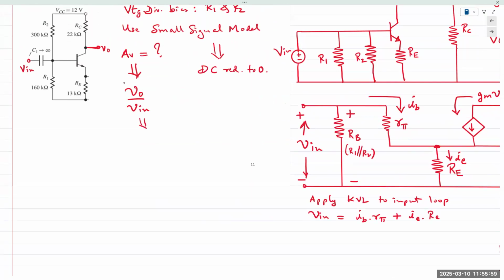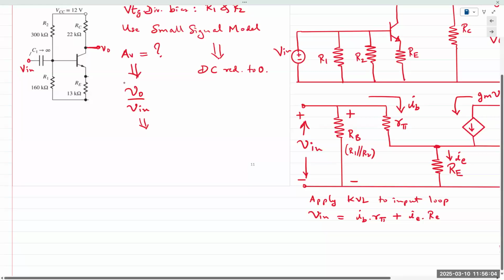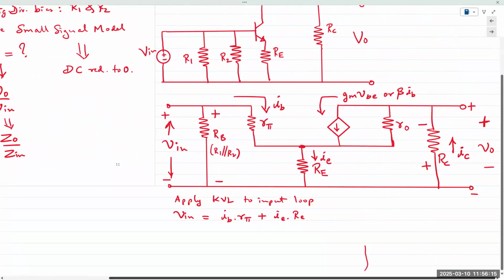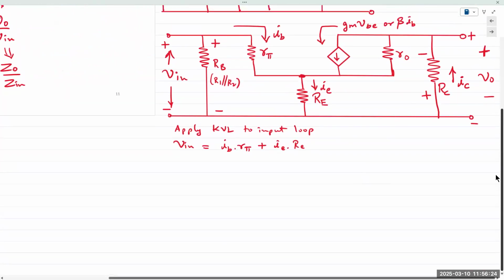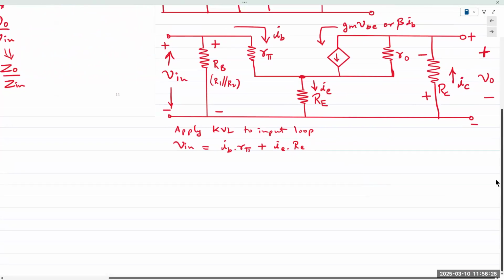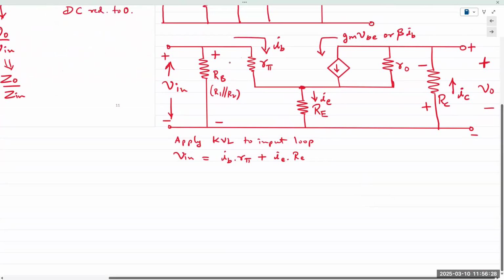We're going to use equations for impedances from the output and the input side. So Zo or Zin or Zi. Zin would actually simply be RB in parallel with this base resistance.